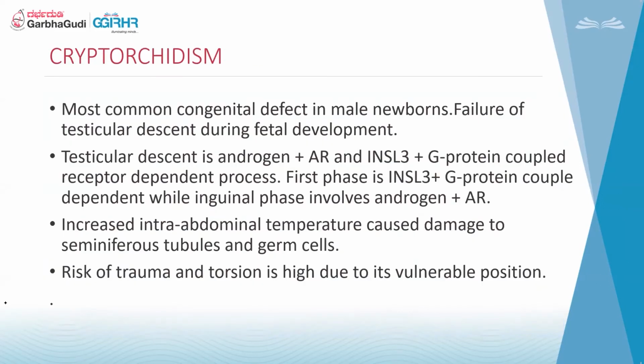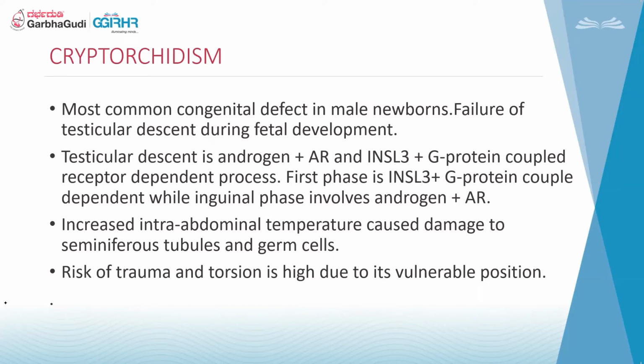Cryptorchidism is the most common congenital defect in male newborns, a failure of testicular descent during fetal development. Testicular descent is an androgen, androgen receptor, insulin-like 3 and G protein coupled receptor dependent process. The first phase is insulin-like 3 and G protein coupled receptor dependent, while the inguinal descent depends on the androgen and its receptors.